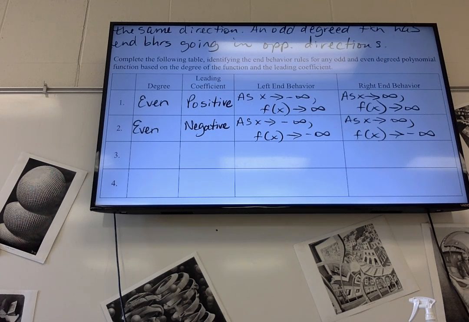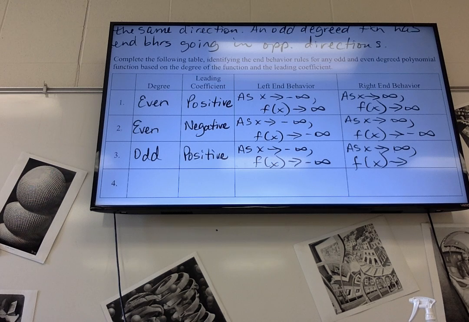Then if the degree is odd, then I know they point in opposite directions. So if it's odd, and we'll start with positive, so the leading coefficient is positive. As x approaches negative infinity, f of x also approaches negative infinity. And as x approaches infinity, f of x approaches positive infinity.